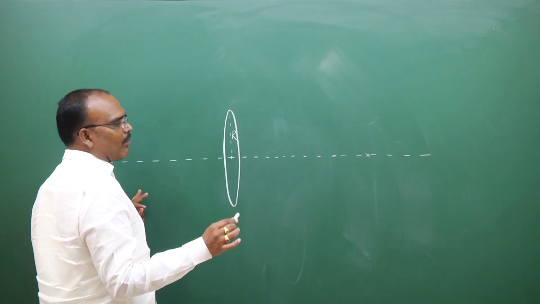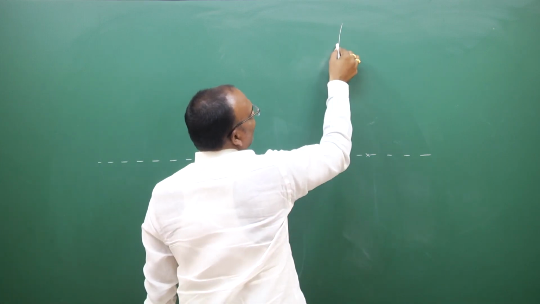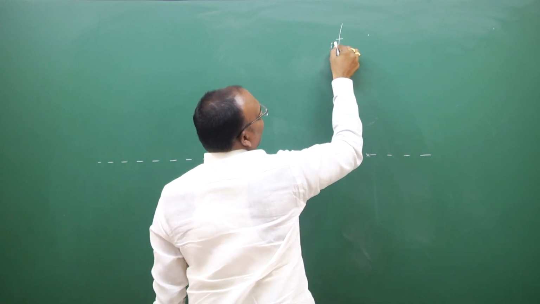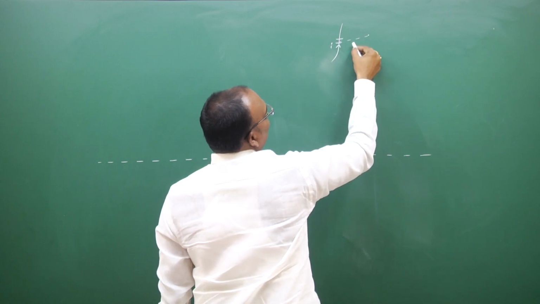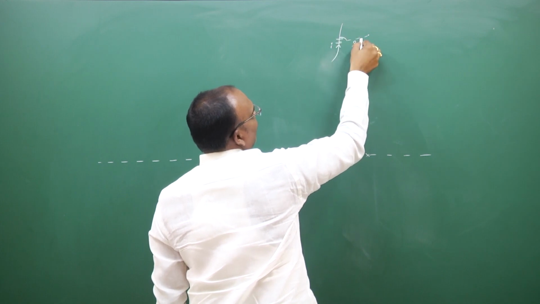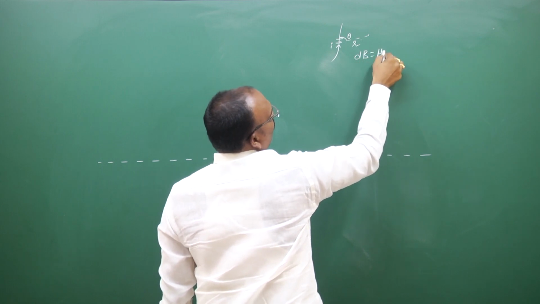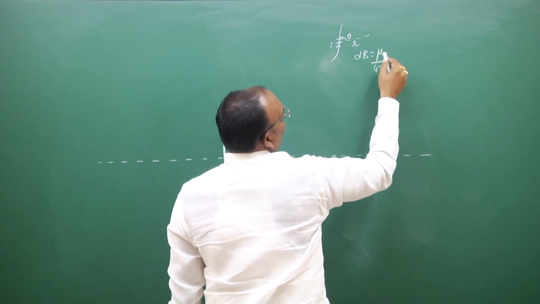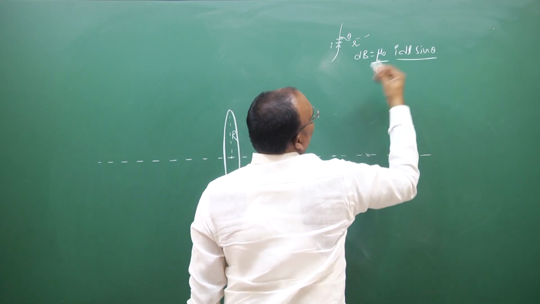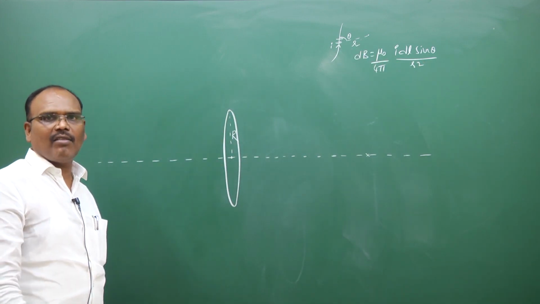So for Biot and Savart law, if we have a conductor like this, if it carries current, then we select an elemental portion, we join these two, distance is r, the angle between elemental portion and position vector is theta. Then dB is equal to mu naught by 4 pi, I dl sin theta divided by r square. This is the conclusion of Biot and Savart law.